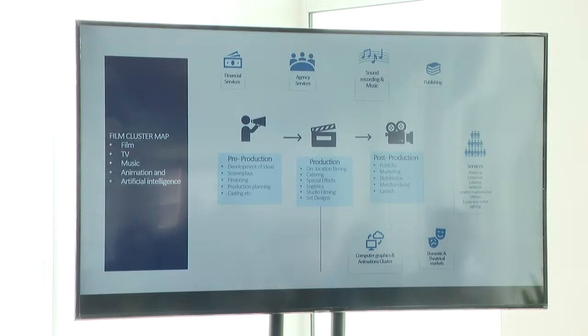So in a typical movie, when you look at the credits that go at the end of a movie, you see a long list of things that all of these people are required to finally produce a movie. And we're hoping that we can have these in a specialized creative zone.